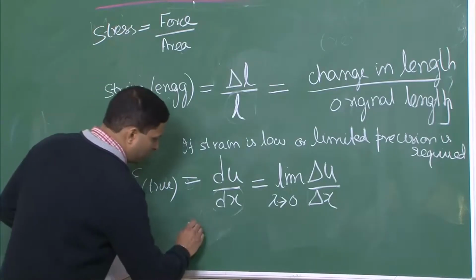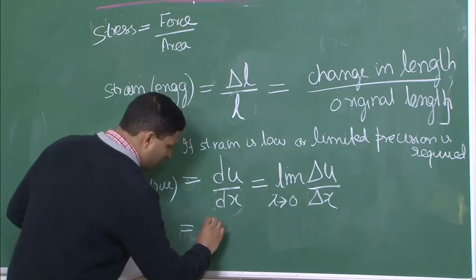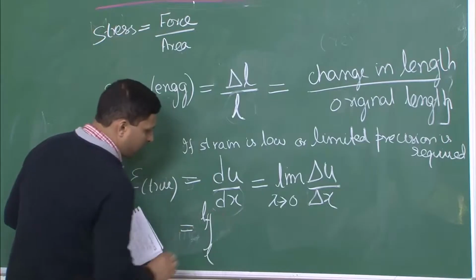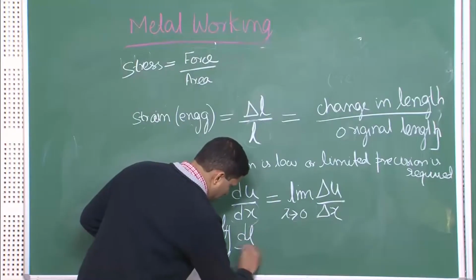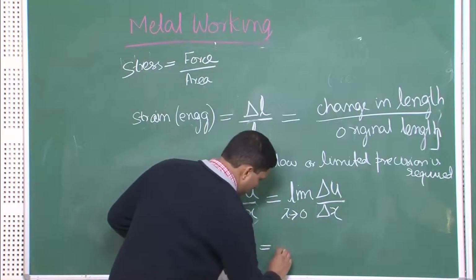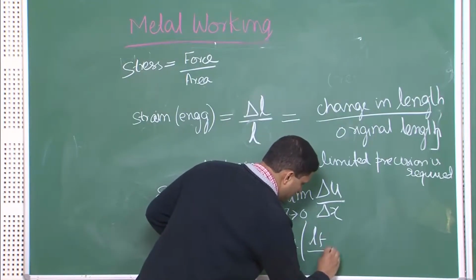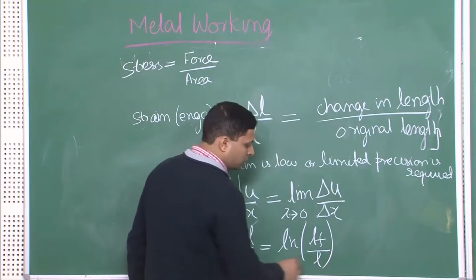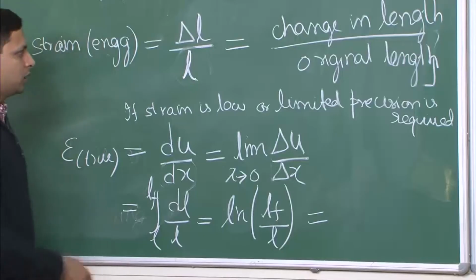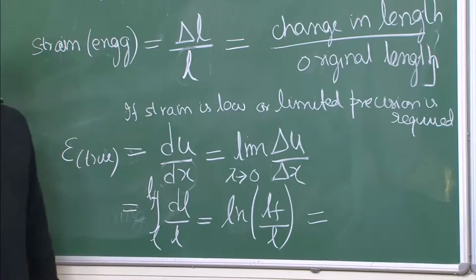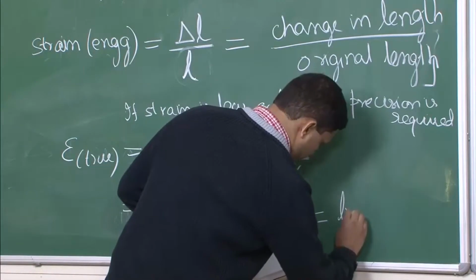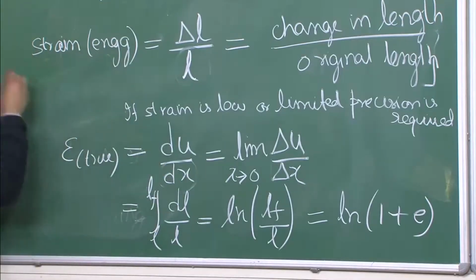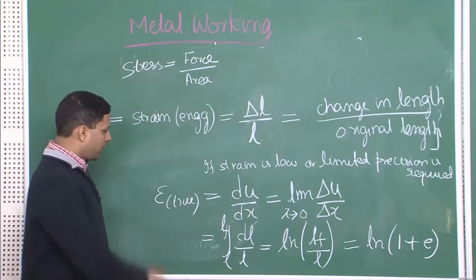And it can be very easily shown that if you have a unidirectional deformation, where L was the starting length and LF is the final length, then this becomes the integral of dL by L, which is equal to ln of LF by L. LF minus L would be our delta L, so we can relate it to the engineering strain, and this comes out to one plus E. We are using E for the engineering strain and epsilon for the true strain.